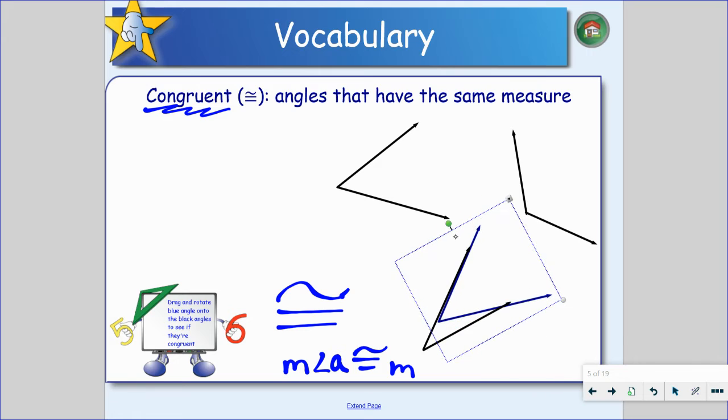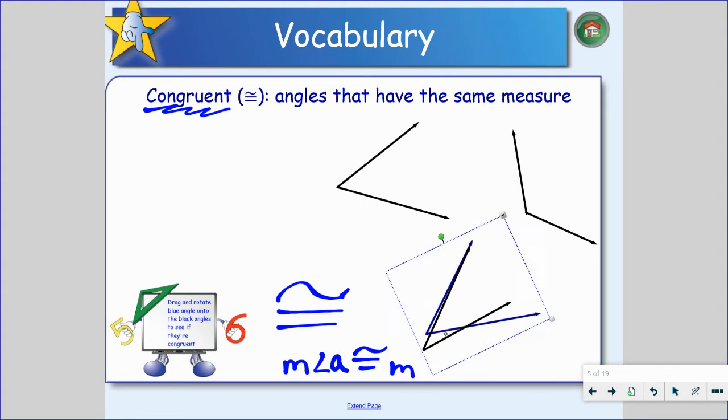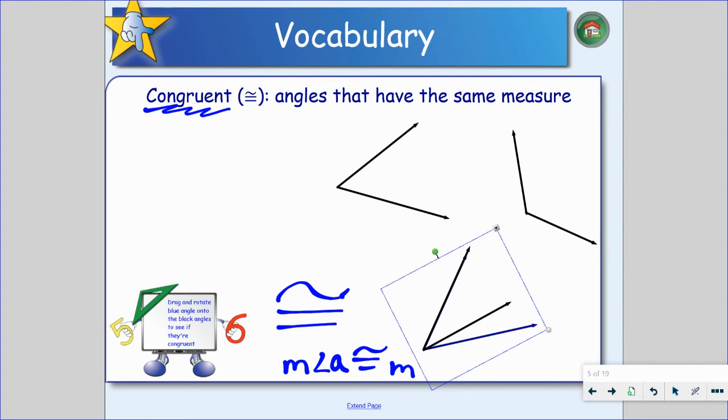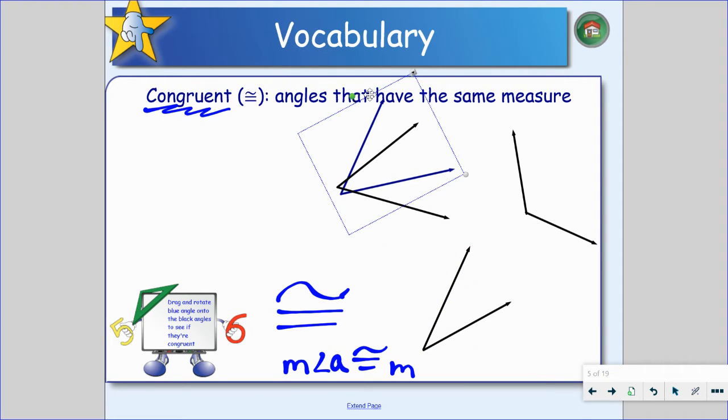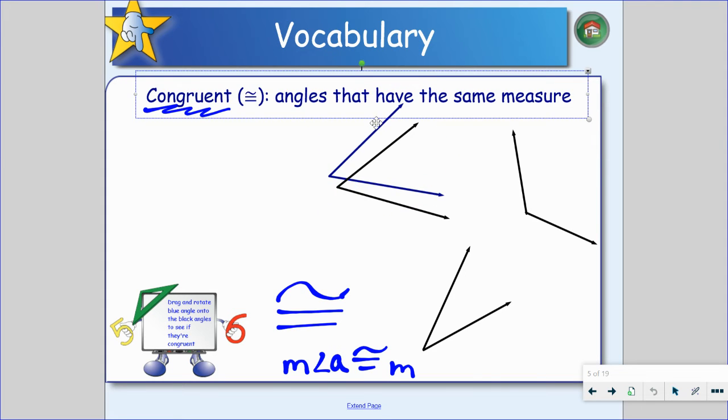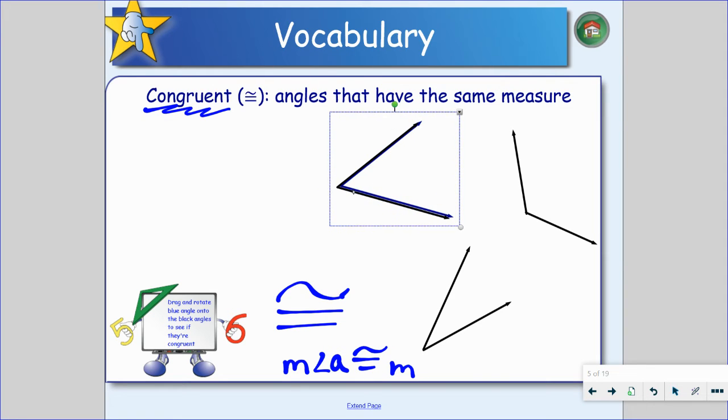And this one looks okay, but hey, looks can be deceiving. We've talked about that before in math class. And as you can see, those are not congruent. So the only pair of angles that are congruent would be this blue one with this black one. Congruent means exactly the same angle measurement. All right, so that's congruent.